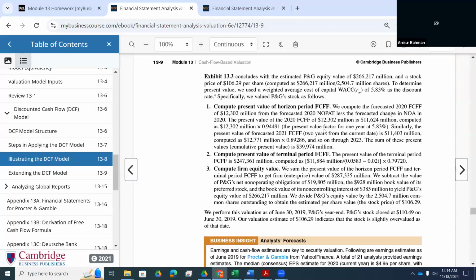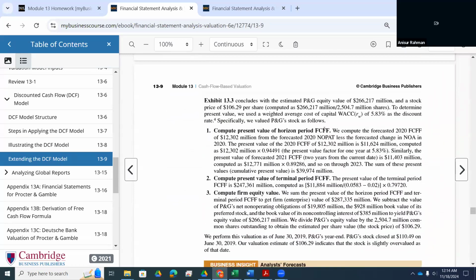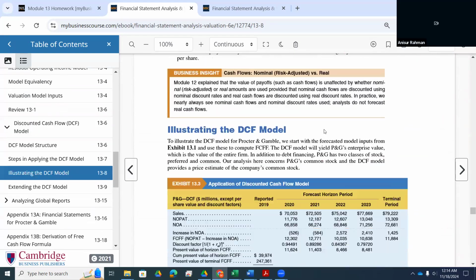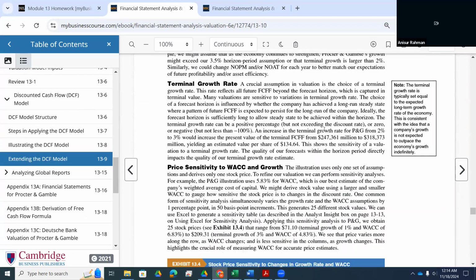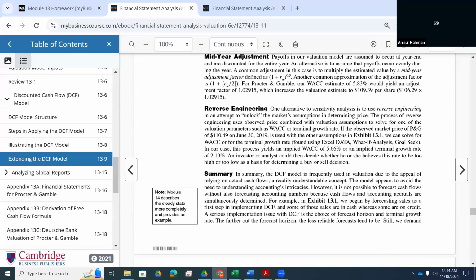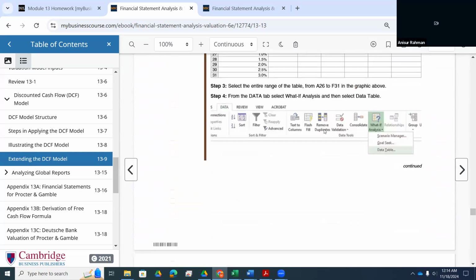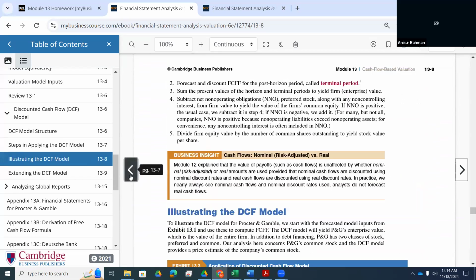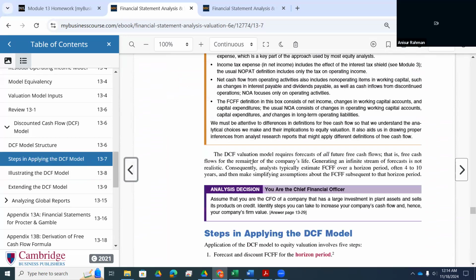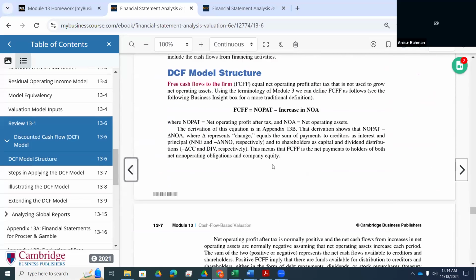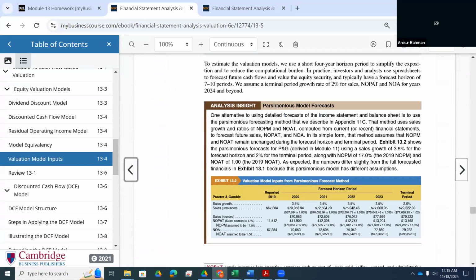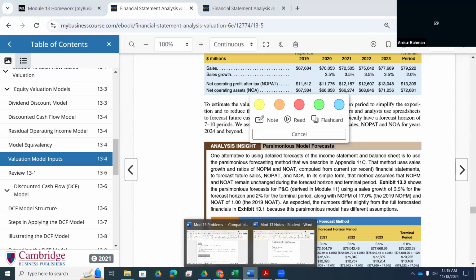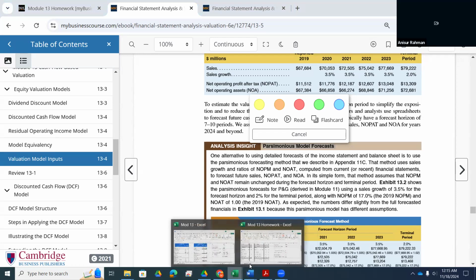This is explained in more detail in parsimonious model forecasts, page 13.5, which you should review. So let me go back to Excel.